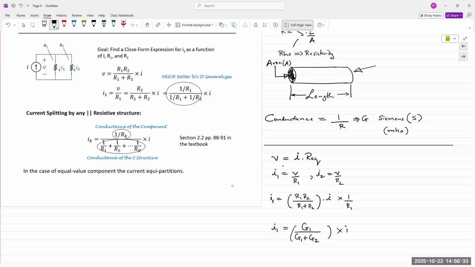And from that, you simply get G1 over G1 plus G2. If you have 3 resistors, it's G1 over G1 plus G2 plus G3. For 4 resistors, G1 plus G2 plus G3 plus G4. So it'll be very similar to voltage division.